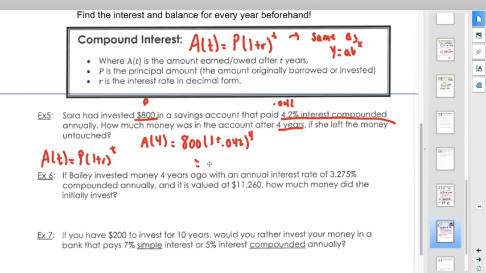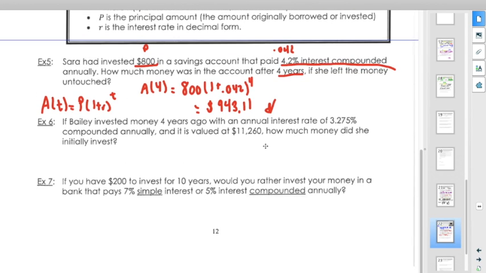Calculator will do this for us. It will come out to $943.11. Okay. Let's do exercise 6, and then I'll leave exercise 7 for you guys to do.